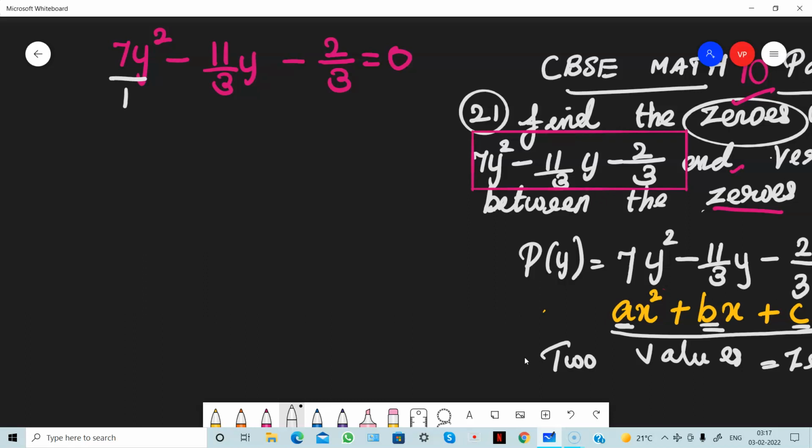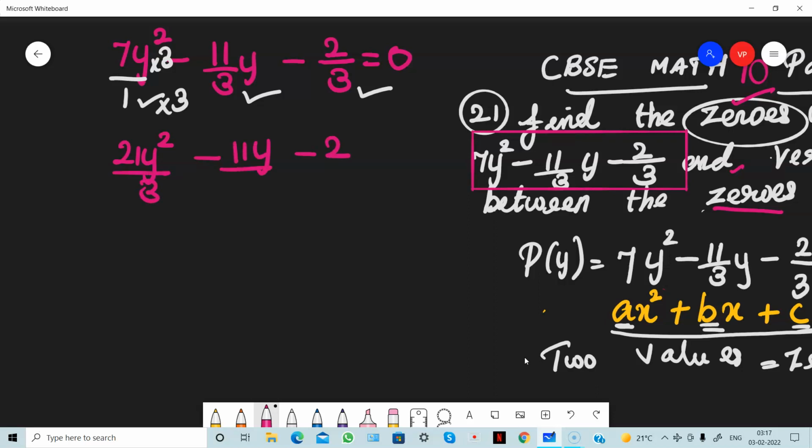What is the LCM here? 1, 3 and 3. So I want to make this one also 3, so I multiply the denominator and the numerator by 3. What do you get finally? This is 21y square minus 11y minus 2 by 3. So everyone has 3 in the denominator now. This is the very first step.